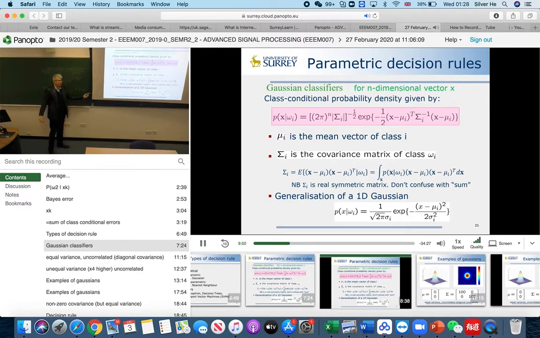Not sure if you can see that over there. Sorry, I went a little bit close to the back of the board. But that's just writing this equation down in a different way.